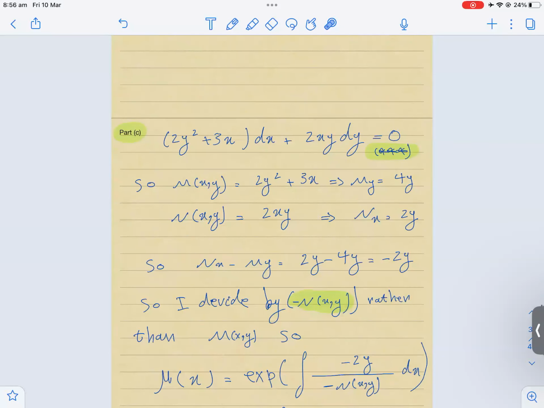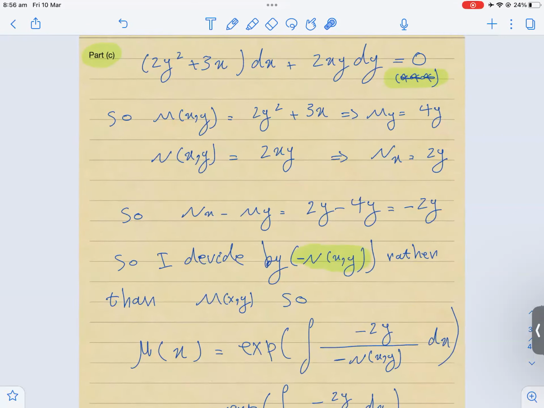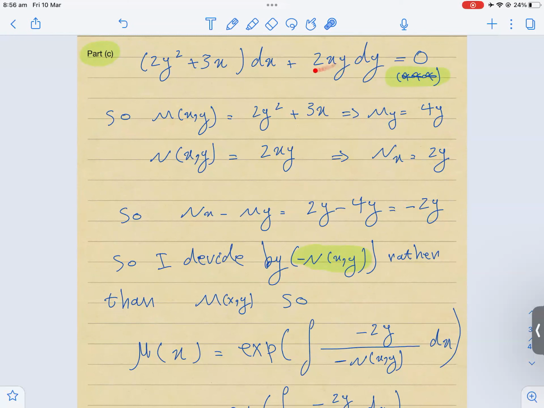So again, integrating factor, part C. You see this part. So I see my, nx. The strategy is this: nx, my. So you see minus 2y. Then you will have a look at the formula here, m and n. You will decide to divide it by m or minus n.